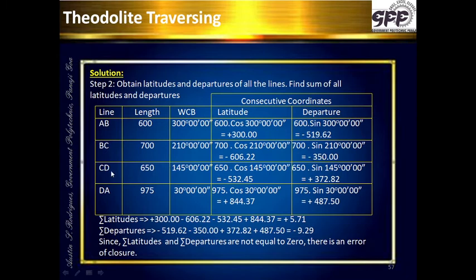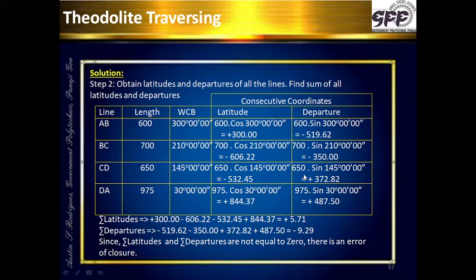Coming to the line CD, length is 650 meters. The whole circle bearing is 145 degrees. The latitude is length into cos theta, 650 into cos of 145, which gives me minus 532.45, which means it is a southing of 532.45.